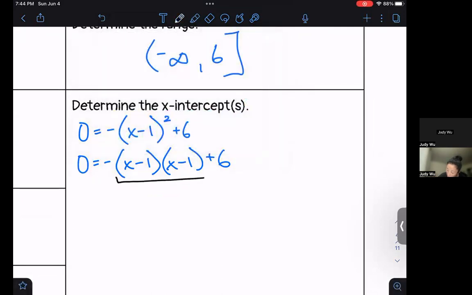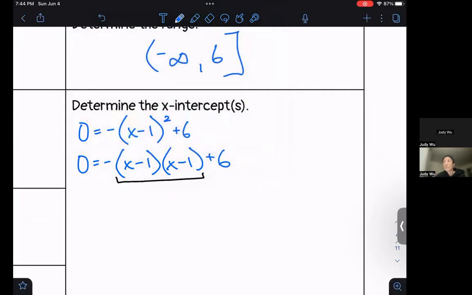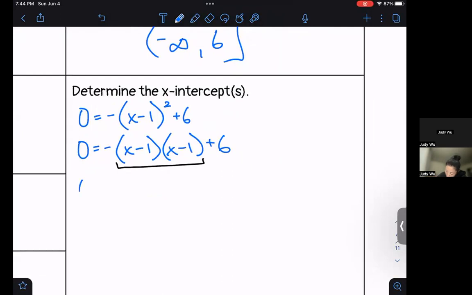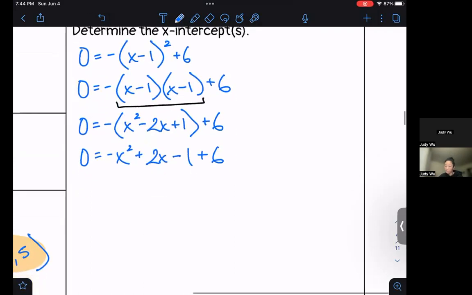So do this part first, and then distribute in that negative sign after, okay? It doesn't really matter which way you do it. You just have to choose a method and stick with it. So 0 equals negative, let's see, x squared minus 2x plus 1, and then plus 6. And now let me distribute that negative sign. 0 equals negative x squared plus 2x minus 1 plus 6.